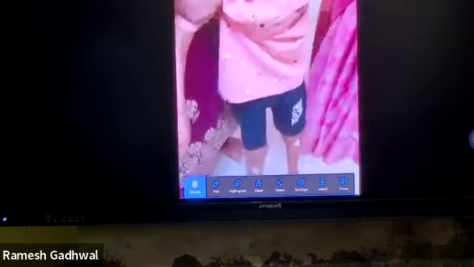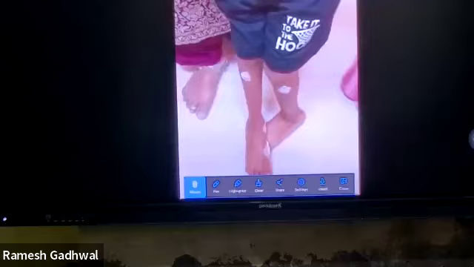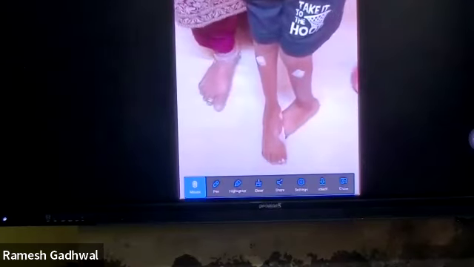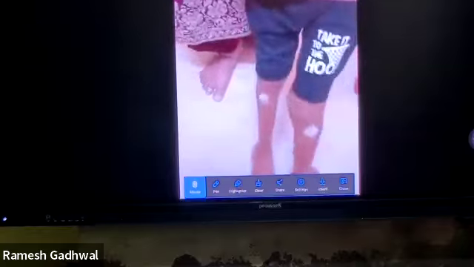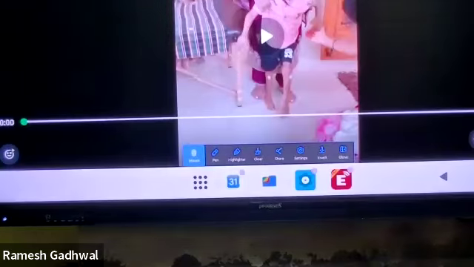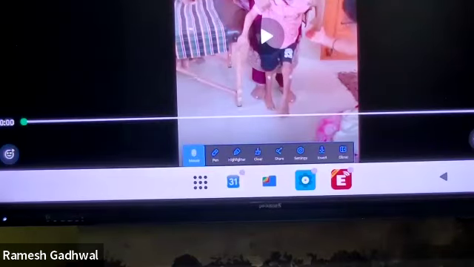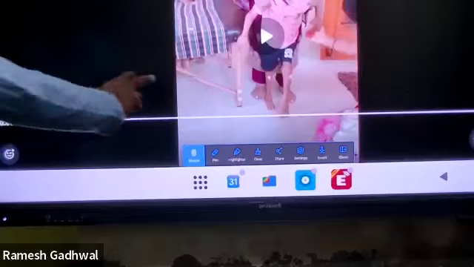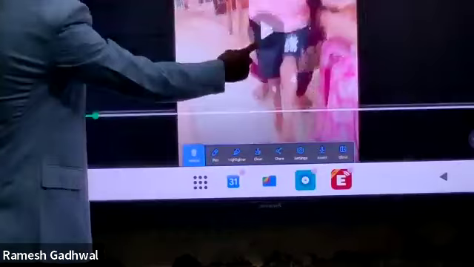Okay. Then if you see the full posture, the quadriceps muscles are working very strong. See again. He is not able to move or flex this leg, the right side leg.